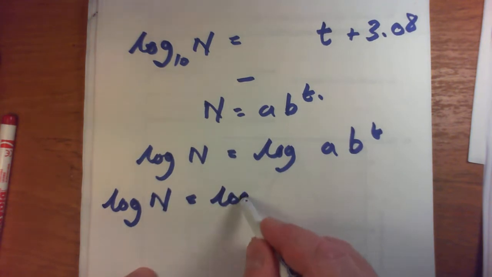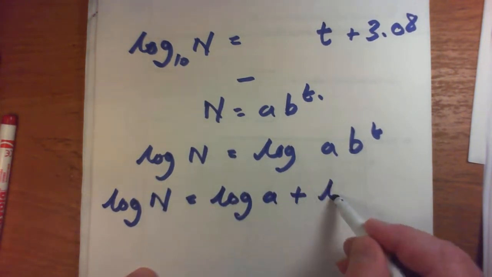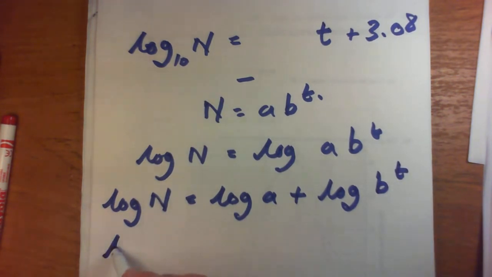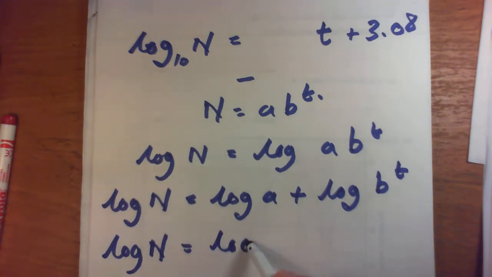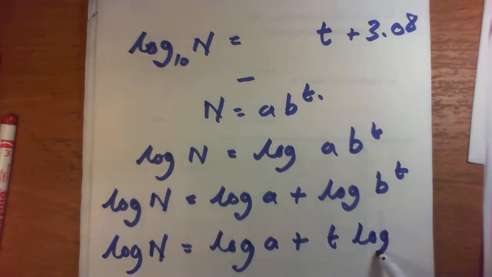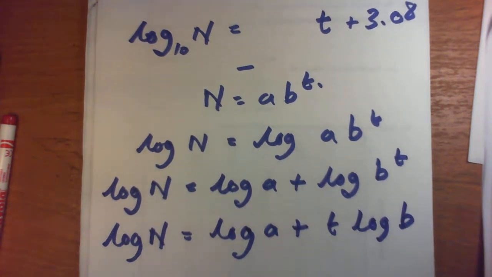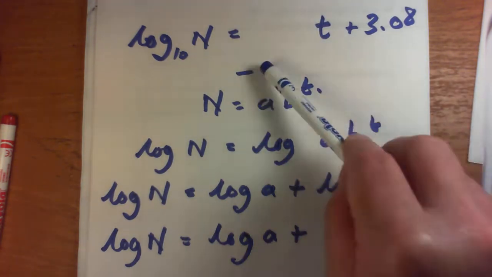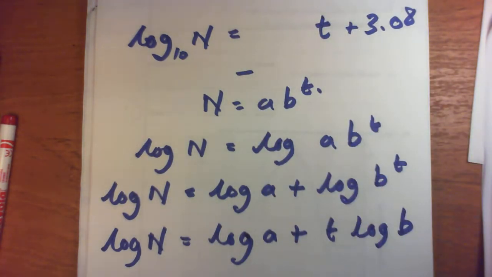So it's actually log a plus log b to the power t, and then log n equals log a plus t log b. So you can see what you can do there. You can equate log a to the 3.08. This t log b equates to the gradient value here, and hence you can find out what a and b are.